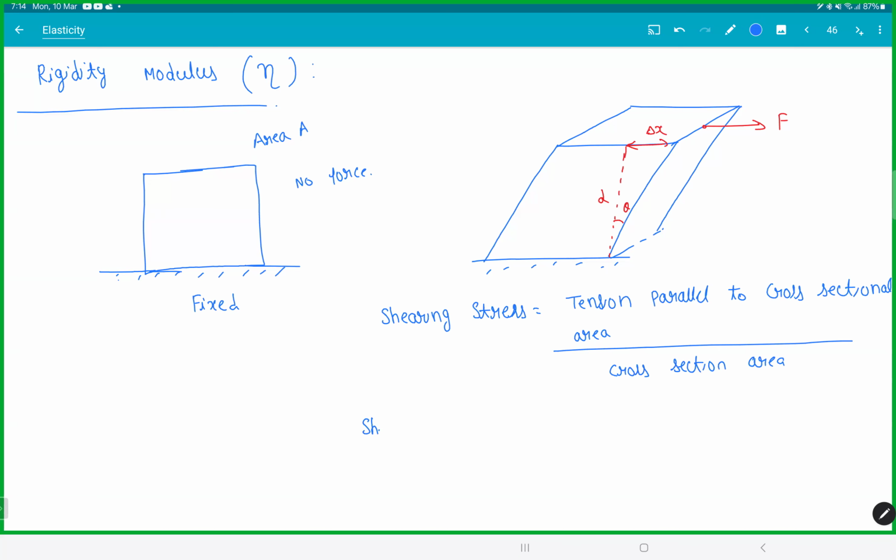Then we define something called shearing strain, just like longitudinal strain. This is relative displacement, so delta x by L. So there's a displacement between two layers by the distance between them. So in this case, it is the ground layer and the upper layer.